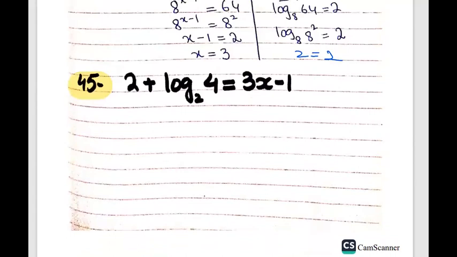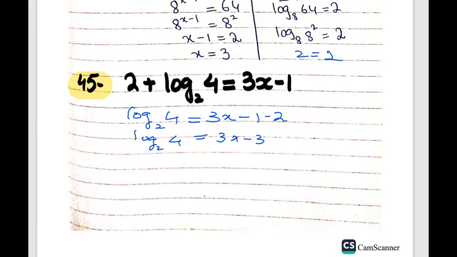Okay, next question is convert this, find the value of x. So we can solve this question. We shift 2 on the right side, and this will be equal to 3x minus 3 log 2 4. Now we convert this equation into exponential form.